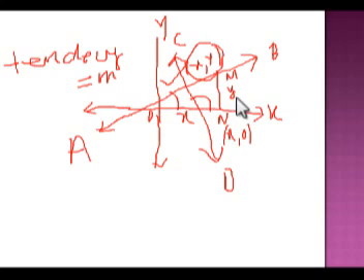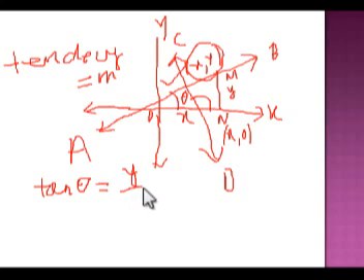So now we know about tan theta. If theta is the angle made by the straight line AB with the x-axis, then what will be tan theta? Tan theta will be perpendicular by base, so y by x.